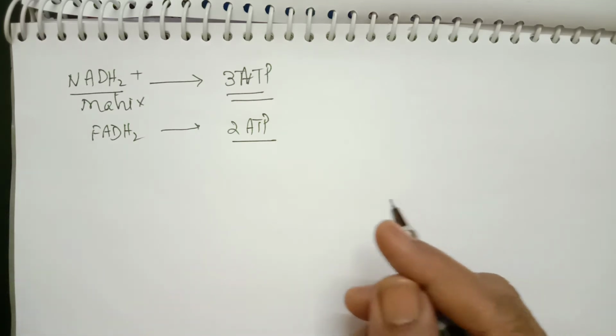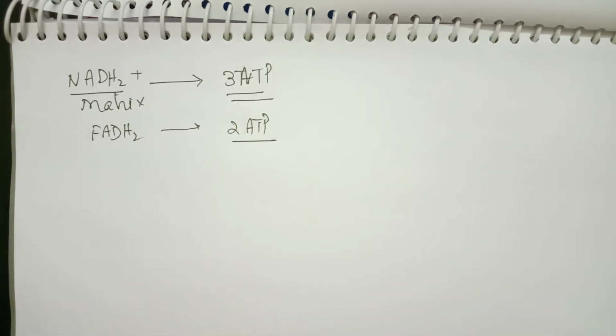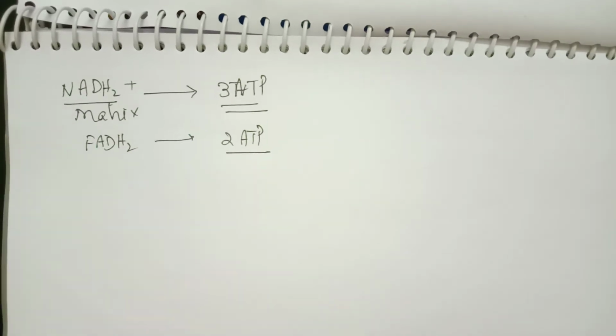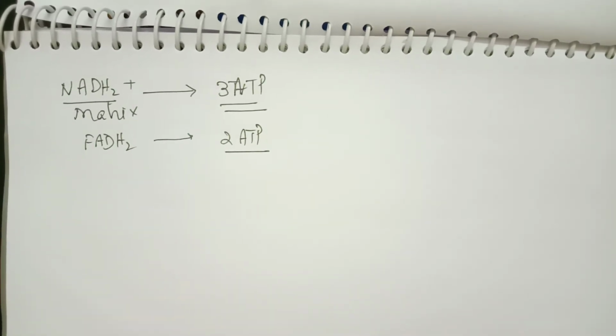Now let us give in tabular form the balance sheet of aerobic respiration and the total number of ATP formed. Starting from glycolysis, there is also NADH2 formed in glycolysis, the Krebs cycle and the oxidative decarboxylation of pyruvic acid.